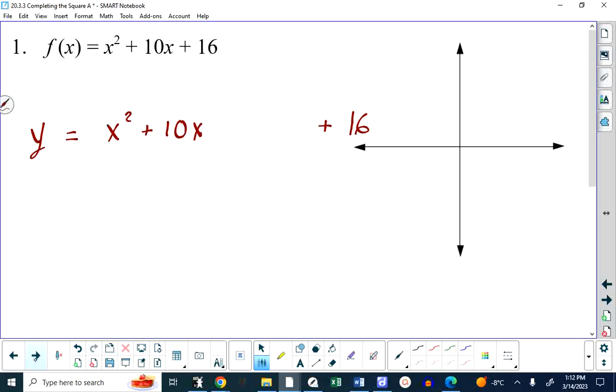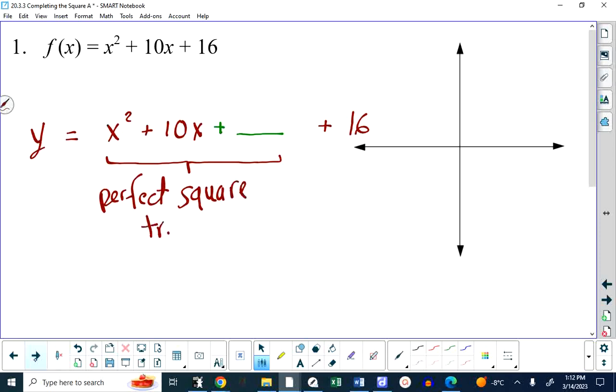And just for a minute, you're going to ignore the 16. And you're going to say, what number would I add here to make this a perfect square trinomial?